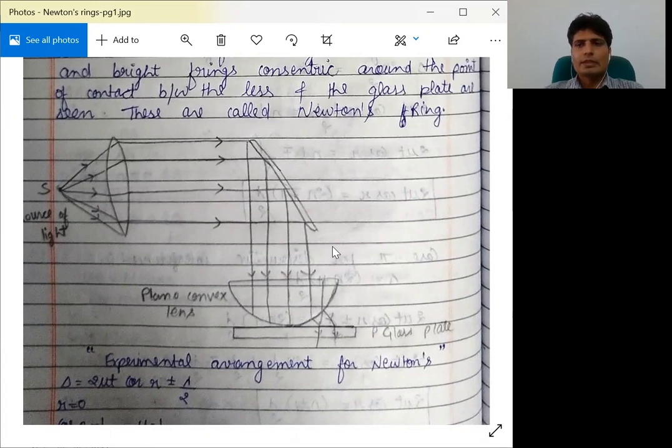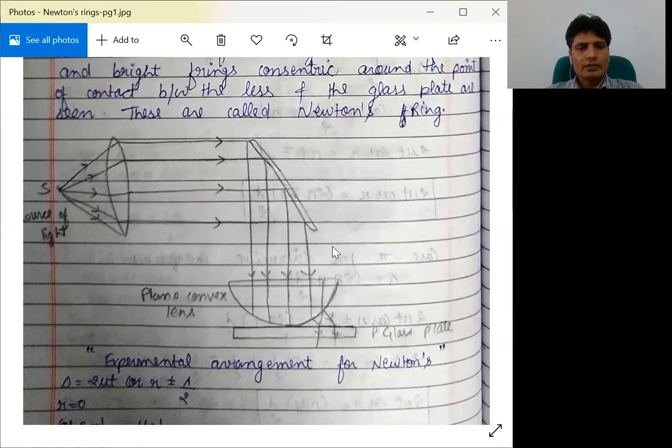So as you know, Newton's rings: when a plano-convex lens of large radius of aperture is placed on a plain glass plate with convex surface in contact, a thin film between the lower surface of the lens and the upper surface of glass plate is formed.